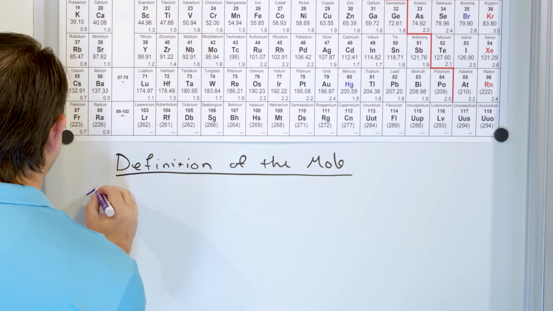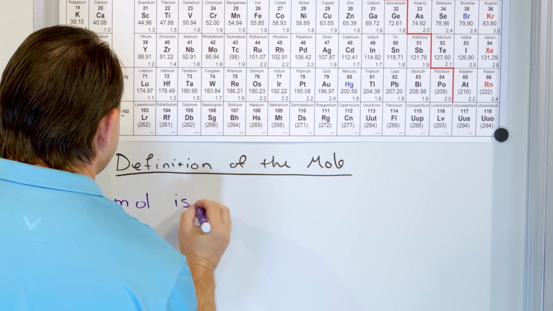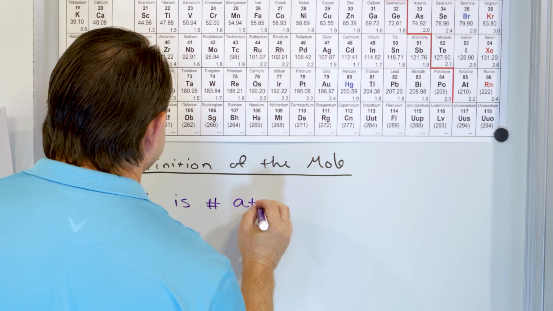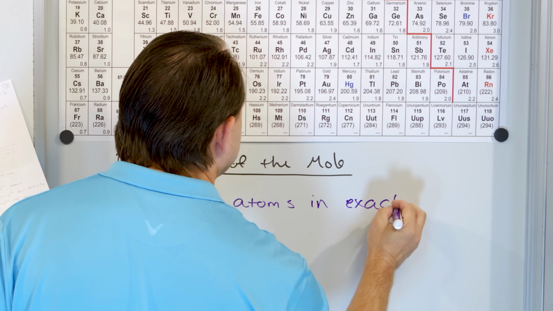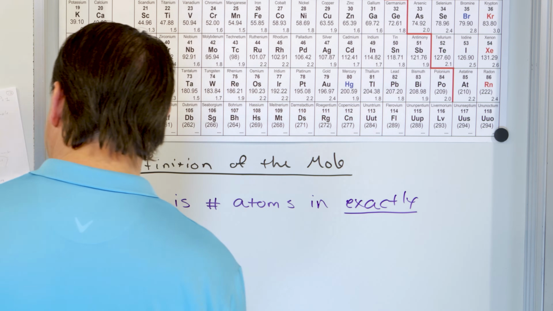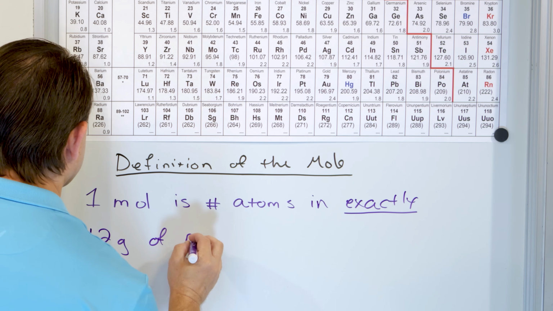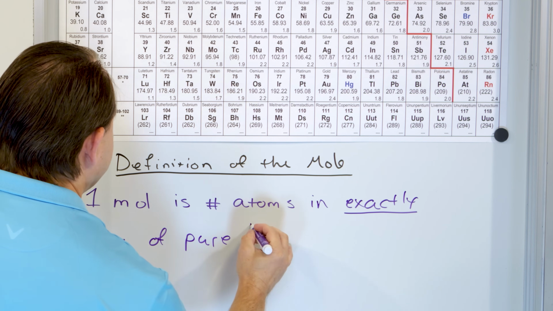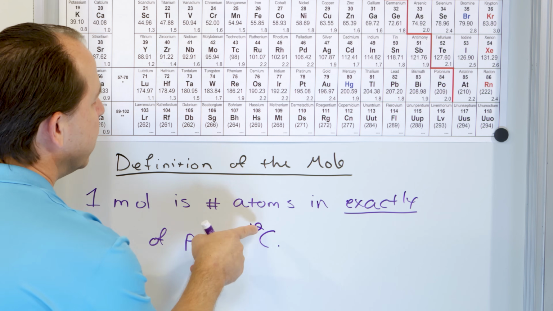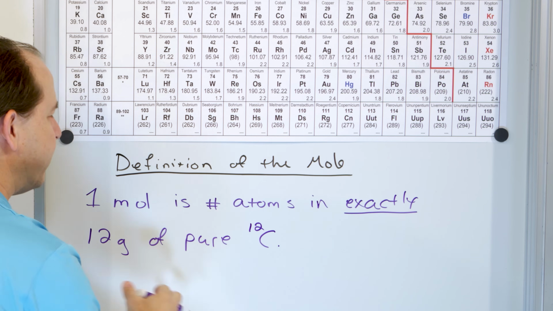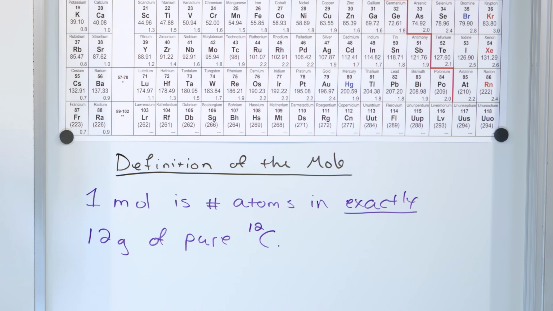So what we say is that 1 mole is the number of atoms in exactly, and I'm going to underline the word exactly, in exactly 12 grams of pure carbon-12. And remember, when I say carbon-12, I mean this is the most common form of carbon in nature, with 6 protons, 6 neutrons, extremely stable. It's in life, it's in our bodies, it's everywhere. We can measure it with great precision.